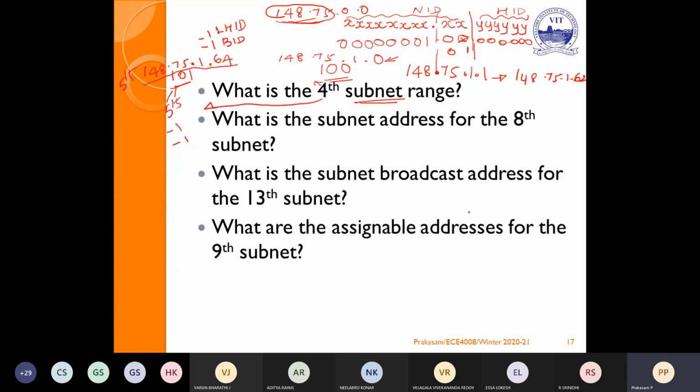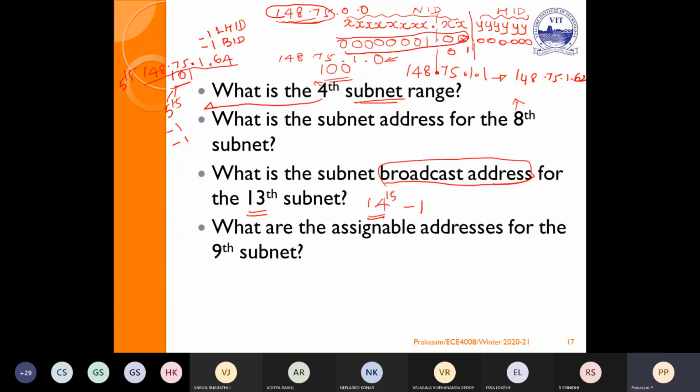Then the subnet address for the 8th subnet: the same way, convert 8 into binary, substitute here, then convert to dotted decimal, and you will get the 8th subnet. Then what is the subnet broadcast address for the 13th subnet? To find the broadcast address for the 13th subnet, find the subnet ID for 14, minus 1. Convert 14 into binary, substitute here, convert to dotted decimal, and you will get the 14th subnet ID; minus 1 is the broadcast address for the 13th.